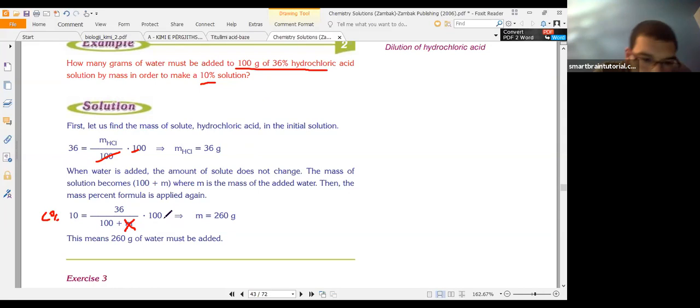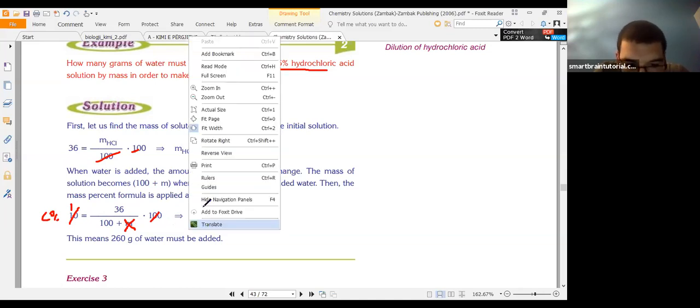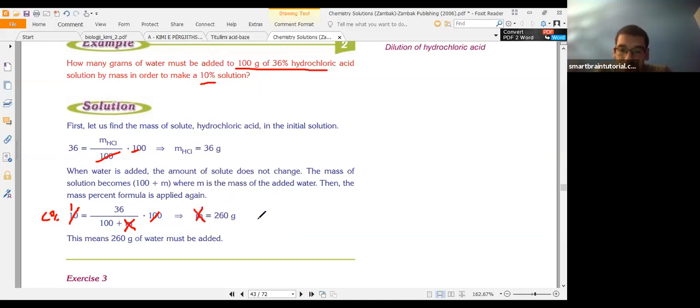These are easy calculations. We can simplify. 100 plus x is 360. Then we will find x, and it is 260 grams.